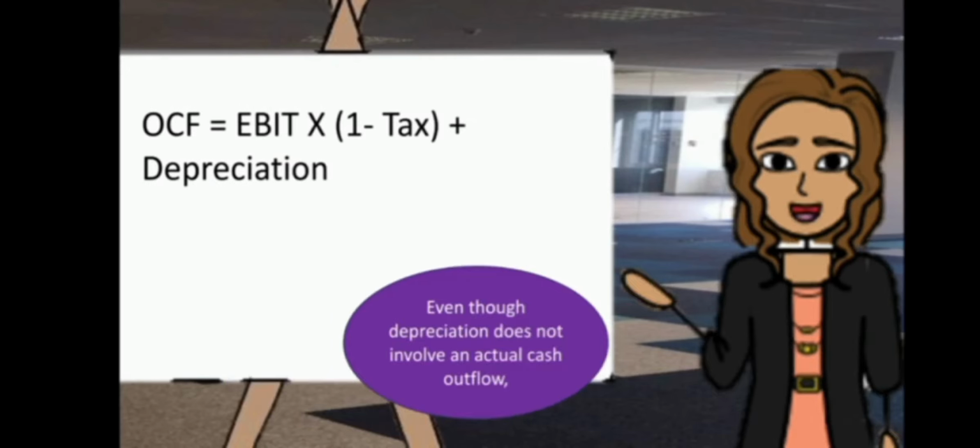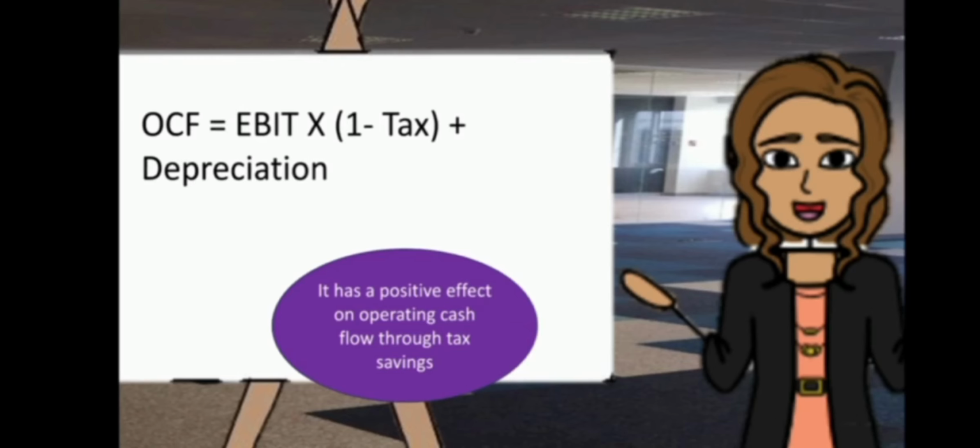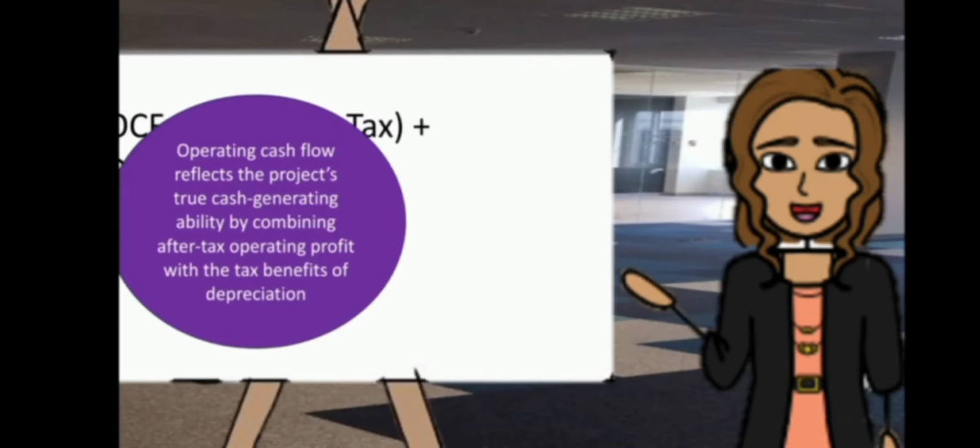Therefore, it has a positive effect on operating cash flow through tax savings. Operating cash flow reflects the project's true cash-generating ability by combining after-tax operating profit with the tax benefits of depreciation.